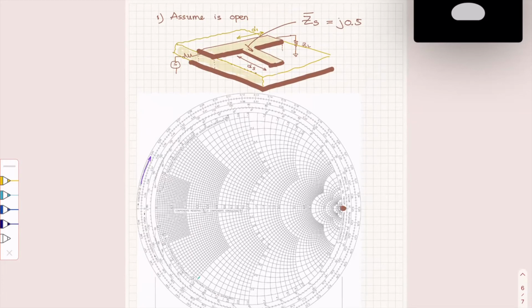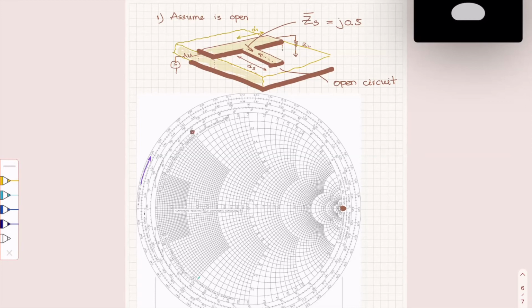The stub is open circuited, so this load there is open circuit. So I'm starting from here, which is infinite. And then I have to go from there towards the generator, and I will have to find j0.5, which is somewhere here.